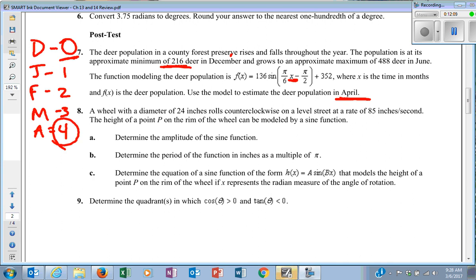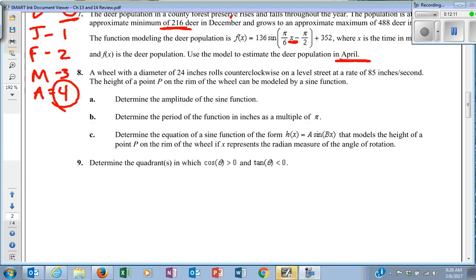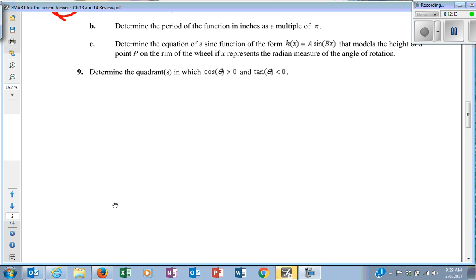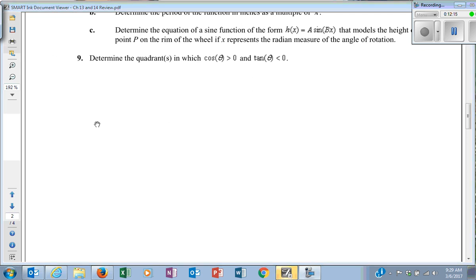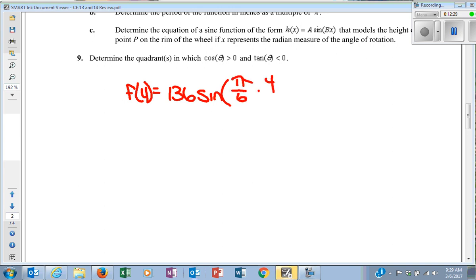So all you have to do is take f of 4, and it equals 136 sine of pi over 6 times 4 minus pi over 2, plus 352.